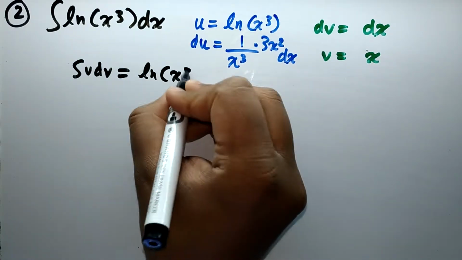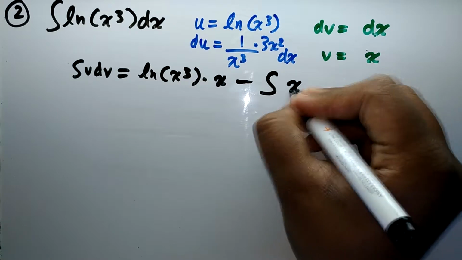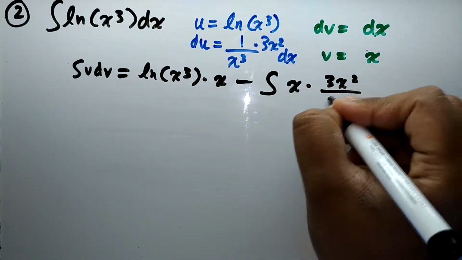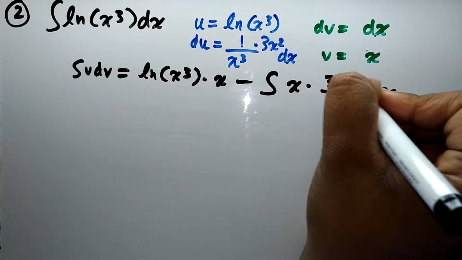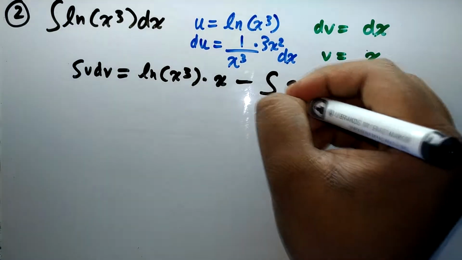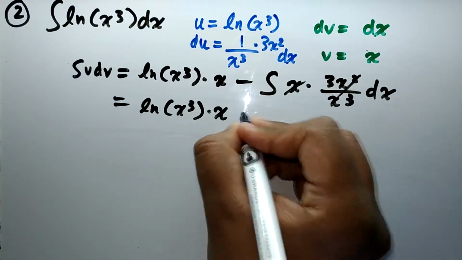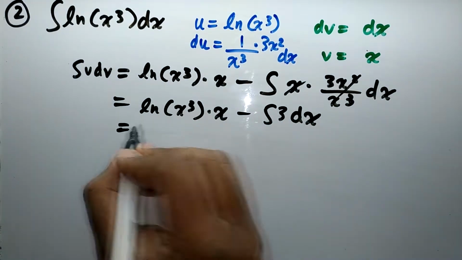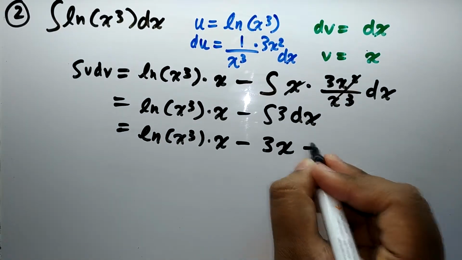It's going to be ln x cubed times v, which is x, minus the integral of v du, so x times 1 over x cubed times 3x squared, and then you get a lot of cancellation going on, so you end up having just 3 left over in the integral, and that's just going to give you 3x to add to it.